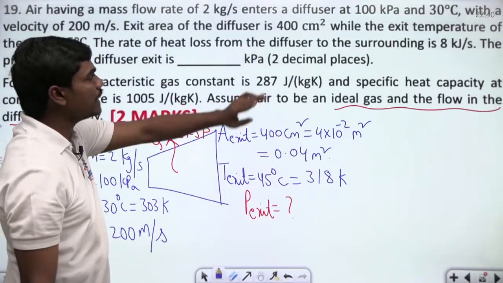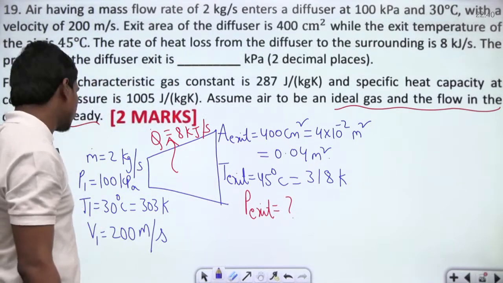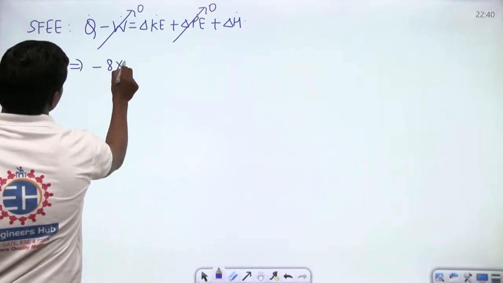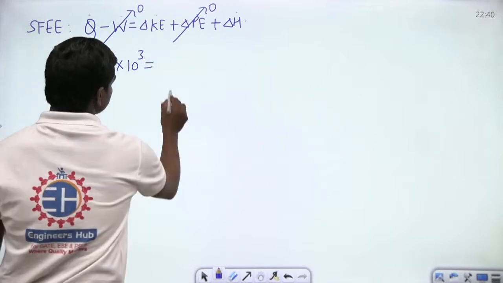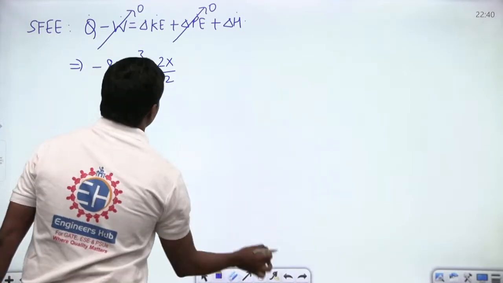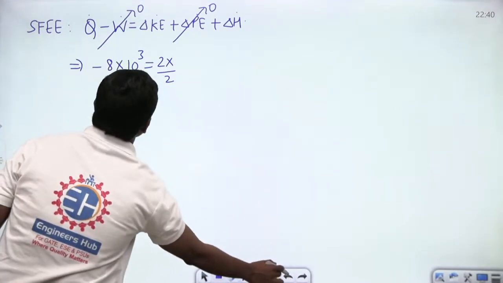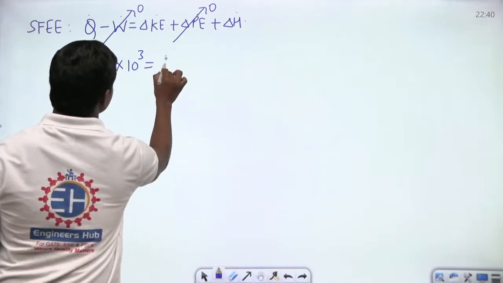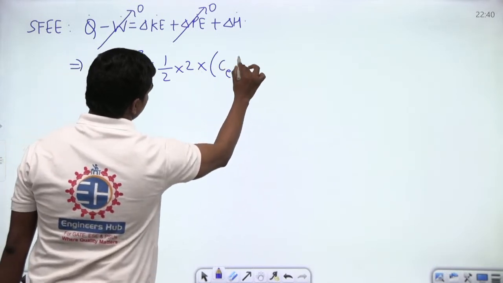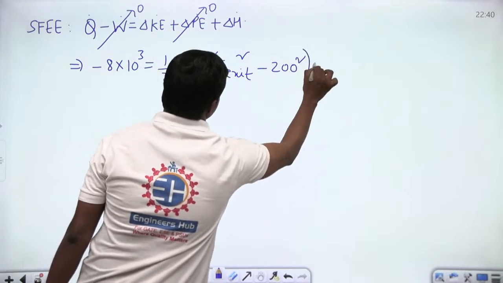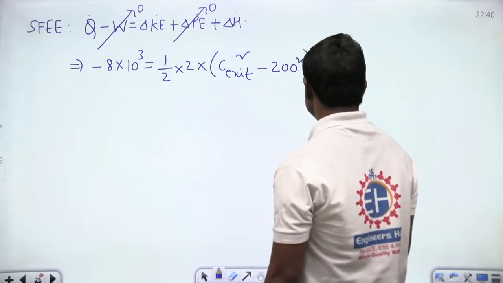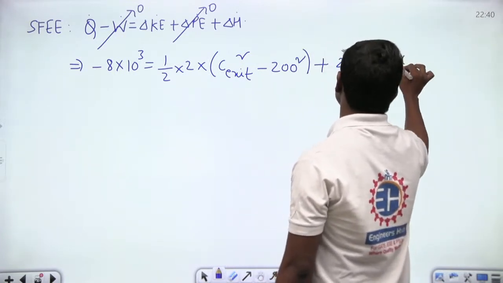We have Q equal to 8 kilojoules per second, but of course this is heat loss from the diffuser, so we'll assume this is minus 8 kilojoules per second, so minus 8 into 10 cube is equal to delta KE, which is half m v square, so half into the mass flow rate, 2 kg per second, into C exit square minus C1 square, which is 200 square, plus potential effects are neglected, again delta H, which is 2 kg per second into Cp, 1005 joule per kg Kelvin, into T2 minus T1.